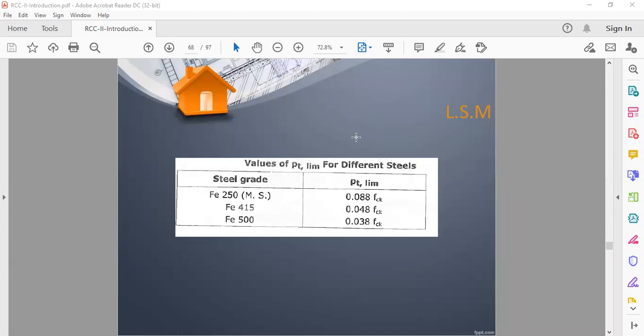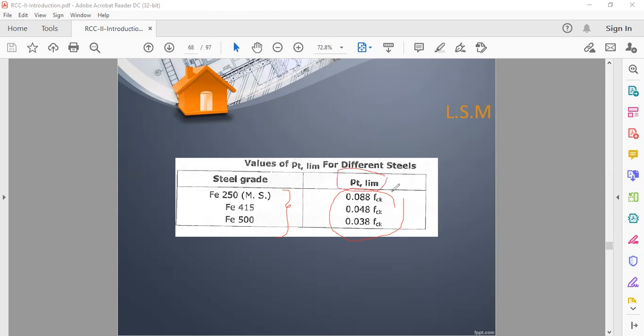And now, how does this factor depend? If we simply calculate 0.04, 0.088, 0.048, and 0.038 times fck, then with the value of fck, if we go on changing, this is how the PT limiting percentage value you can calculate.